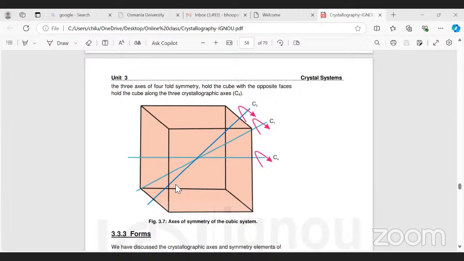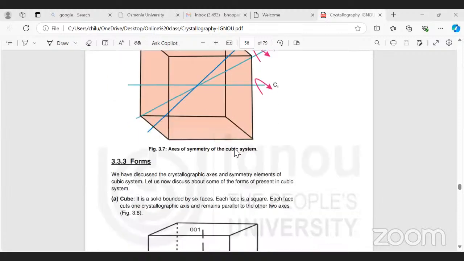In the first phase we will get monogonal, in the second phase you will get threefold, and through this one you will get fourfold symmetry. Because of the inclusion of opposite direction, we get different folds.